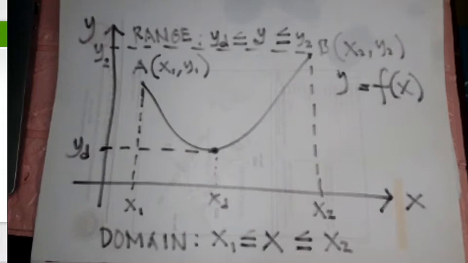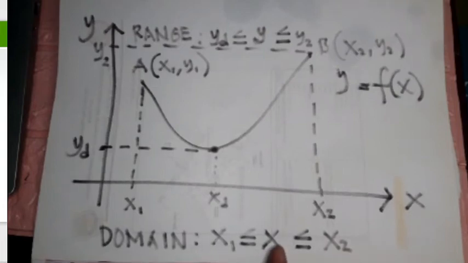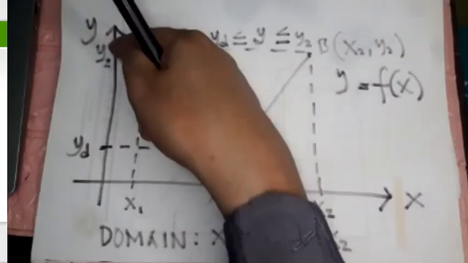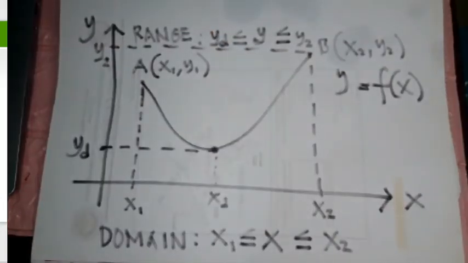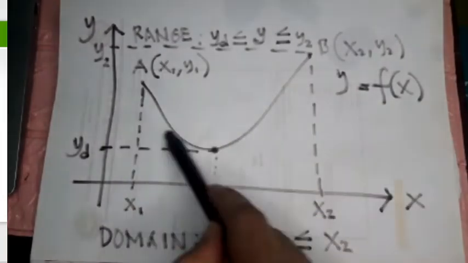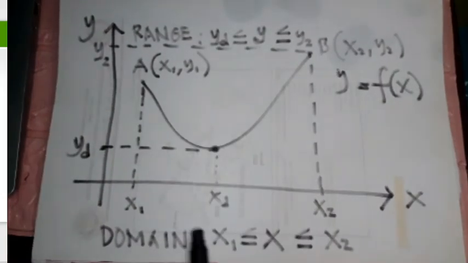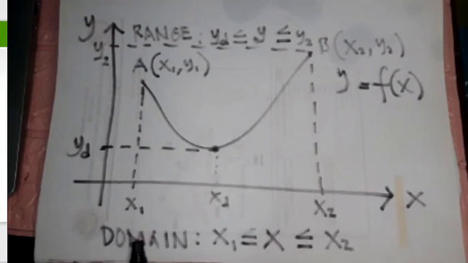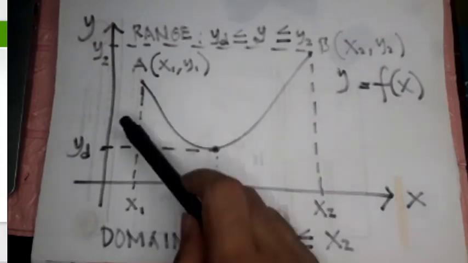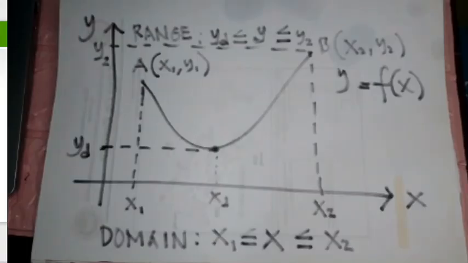They are values for which x is valid, and values for which y is valid. Domain is the values of x from minimum to maximum for which x is valid. Range is from minimum to maximum for which y is valid. So they have the same meaning, but domain is for x values and range is for y values. That is the difference.